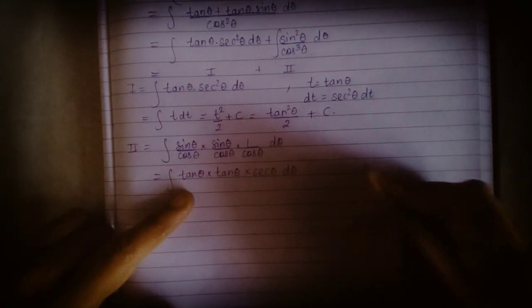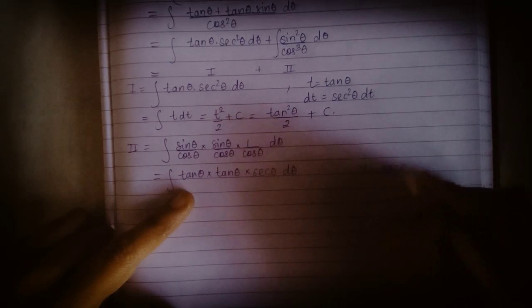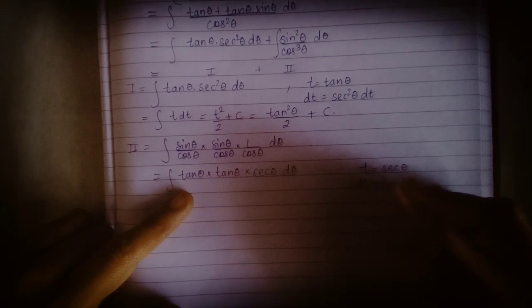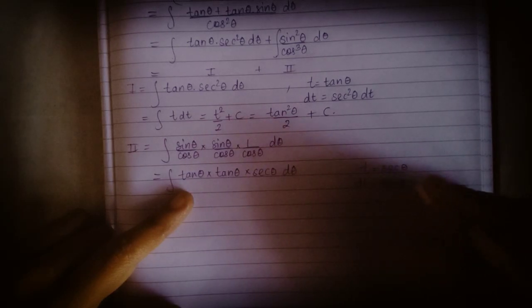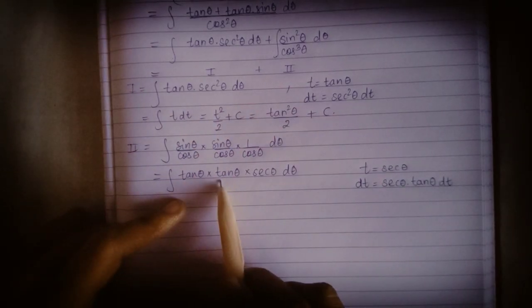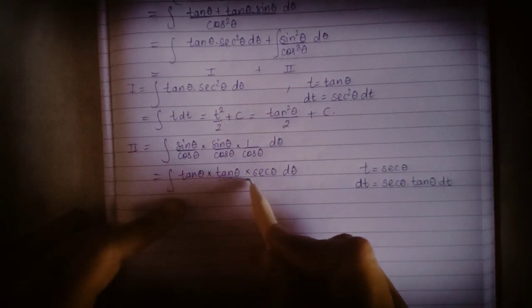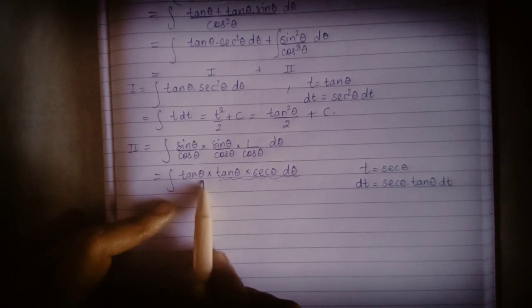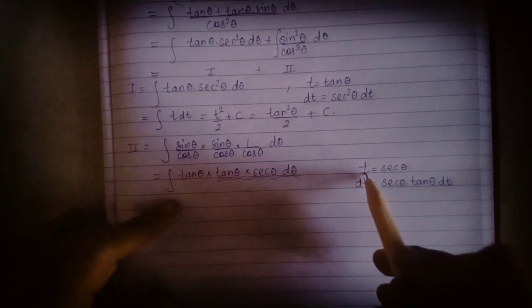Let's write t equal to sec theta. So the derivative will be sec theta into tan theta d theta. So the problem for this term is solved. We just have to write this tan theta in terms of t.